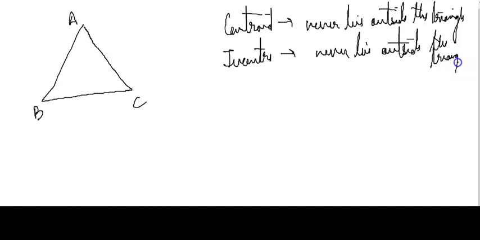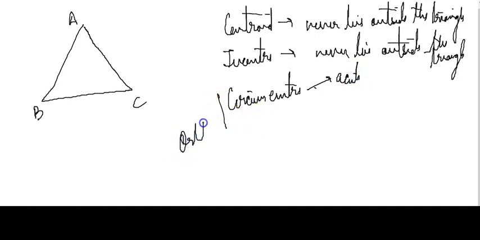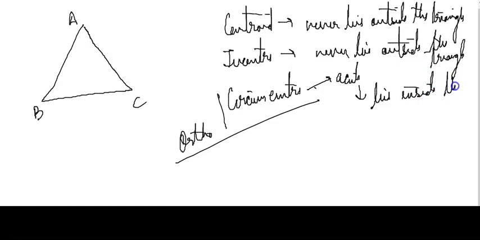But in case of the circumcenter and orthocenter, yes, they can lie outside the triangle. Suppose we have an acute angle triangle, then they will lie inside the triangle, because if you draw the circumcircle, it will lie inside.